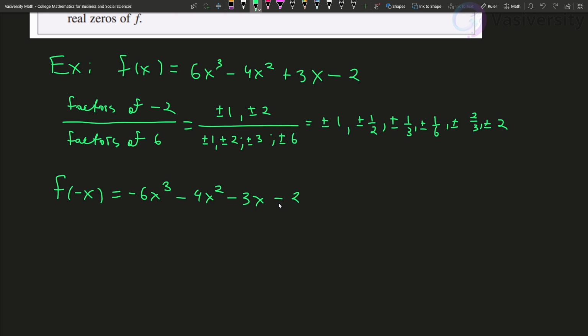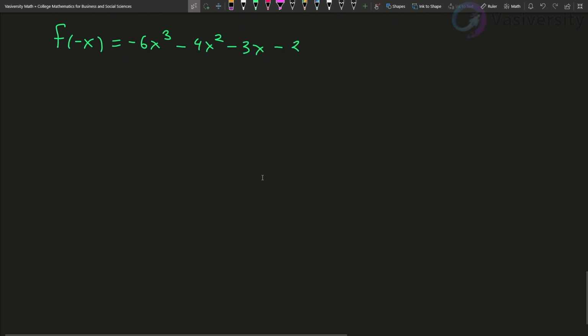So if we use synthetic division, let's test it for the first term here. Let's say we're going to divide 6x cubed minus 4x squared plus 3x minus 2 by x minus 1.